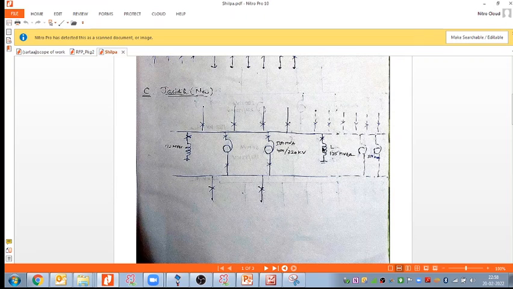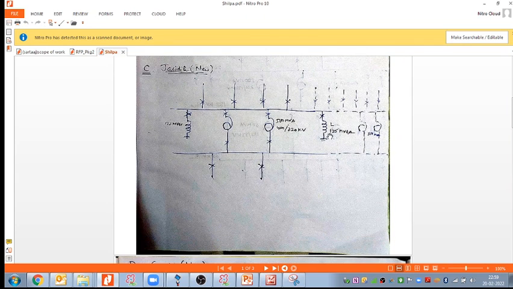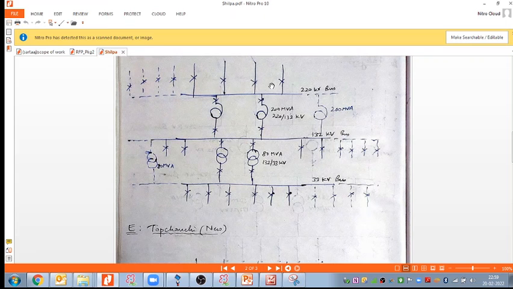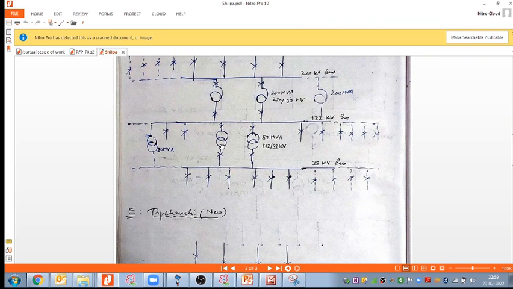This line reactor, this bus reactor: one bus already has the reactor, so the second bus will come on the second bus, but don't worry, I will explain this kind of system. Okay, so 4 line bays for ICT and 2 line bays, that is fine. And then the same line bays, these two, and then future 2 line bays here. Please put the line bays here, and all the ICTs will be put together.